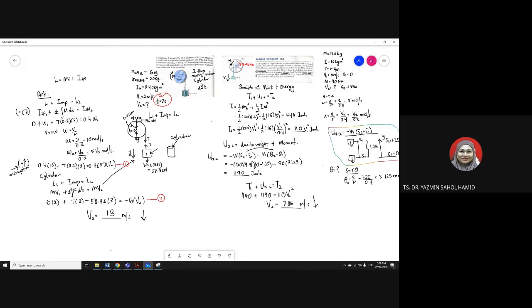Okay, so what you need to do is very simple. You go through all the tutorial questions that have been suggested for you for these topics. Don't start doing any solution. You just write down the variables given and you write down the equation of principle of work and energy.